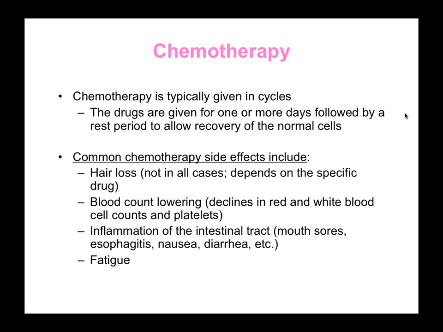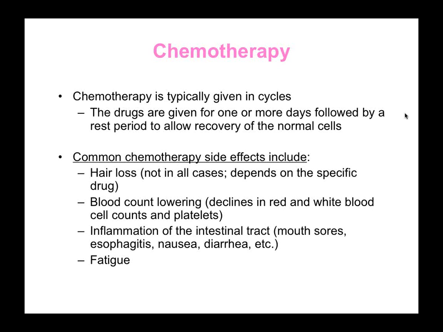Blood count lowering is a big toxicity of chemotherapy. So this refers to declines in the red blood cells that carry our oxygen around, our white blood cells or infection-fighting cells, and then our platelets, which help us to stop any bleeding if we cut ourselves, for example. So all of these are very much affected by chemotherapy, as is the entire intestinal tract. So the lining of the mouth, the esophagus, the stomach, the intestines, all the way down.